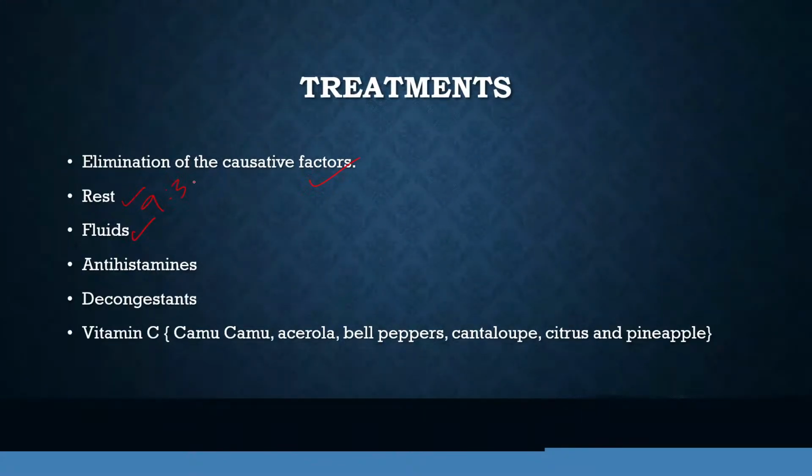Now that they can't take honey, there are other things that they can use. An example is the golden seal.